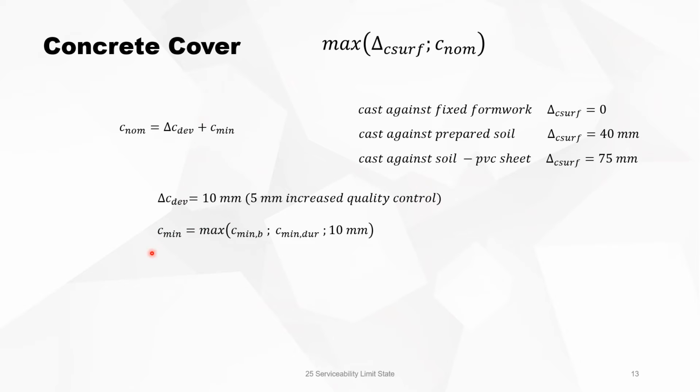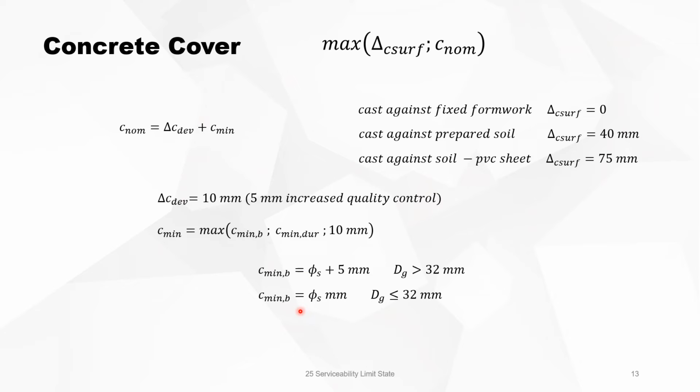C min, that is the maximum of C min b, C min dur, and 10 millimeters, the maximum of the three. And C min b depends on the size of the diameter of the tension reinforcement. If you have a maximum aggregate size bigger than 32 millimeters, then it is the size of the diameter plus 5 millimeters.